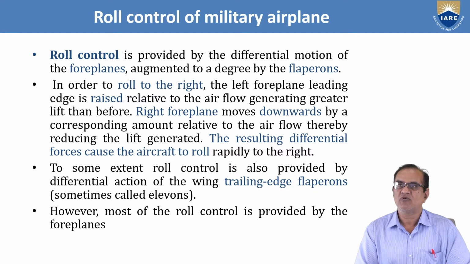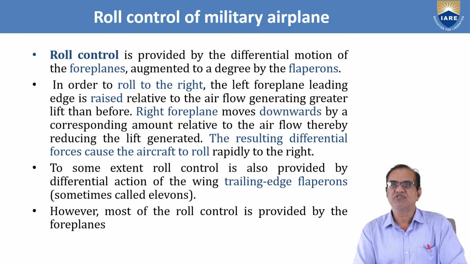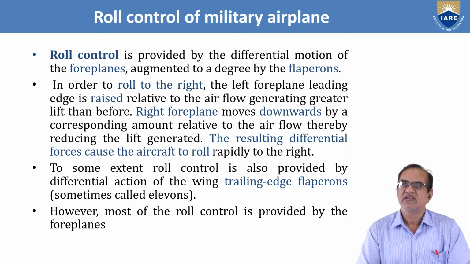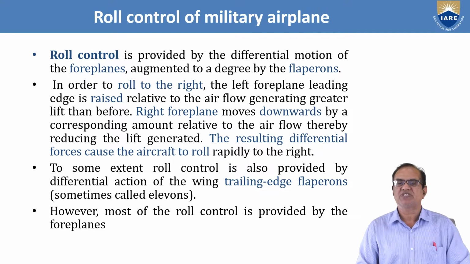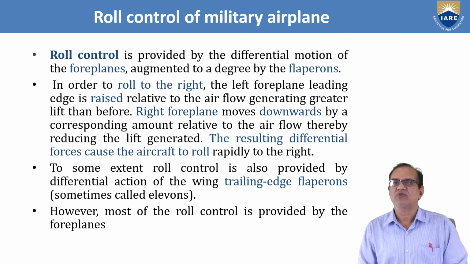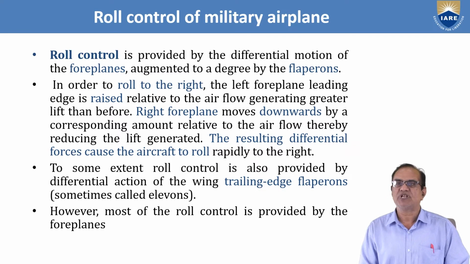The right foreplane moves downward by a corresponding amount relative to the airflow, thereby reducing the lift generated. The resulting differential forces cause the aircraft to roll rapidly to the right. To some extent, roll control is also provided by differential action of the wing trailing edge flaperon. However, most of the roll control is provided by the foreplane.